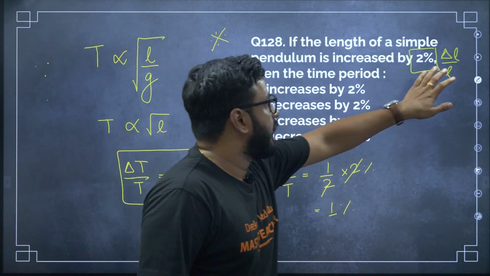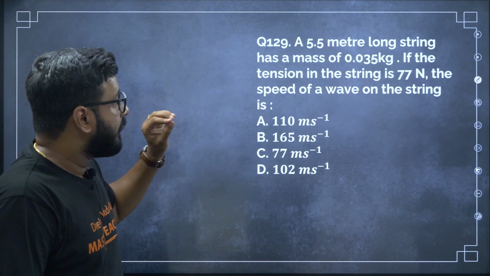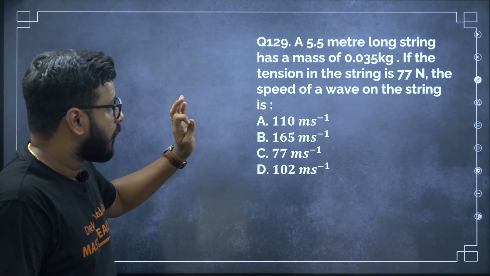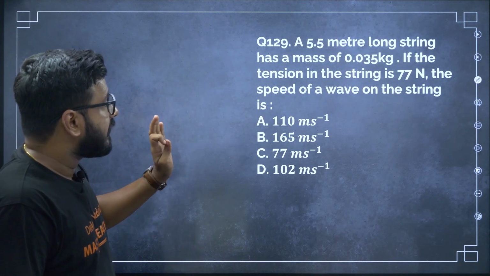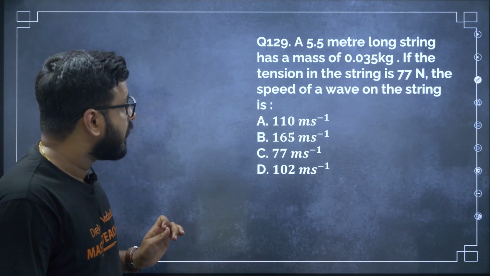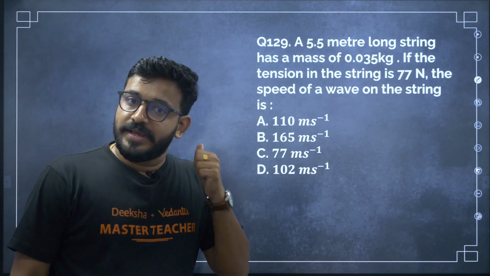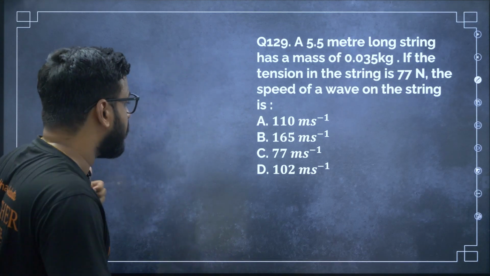Next, a 5.5 meter long string has a mass of 0.035 kg. If the tension in the string is 77 Newton, the speed of the wave in the string is... Once again, this is a very simple, direct question.